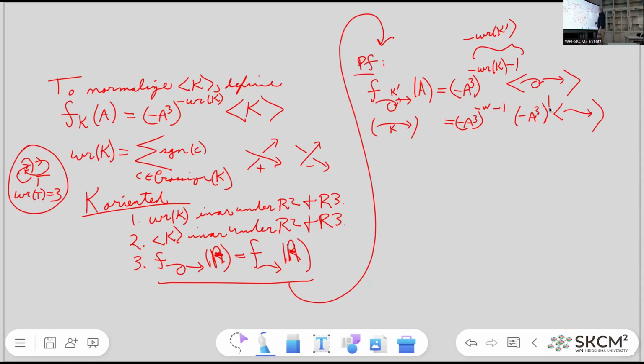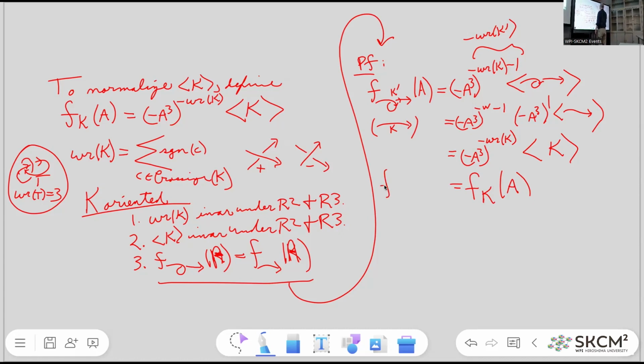So this gives me minus A cubed to the minus writhe of K times bracket K, because this was K, and this is f sub K of A by definition. So we've shown that f sub K prime of A is equal to f sub K of A when K prime goes by a Reidemeister 1 move. So it's invariant under the first Reidemeister move.